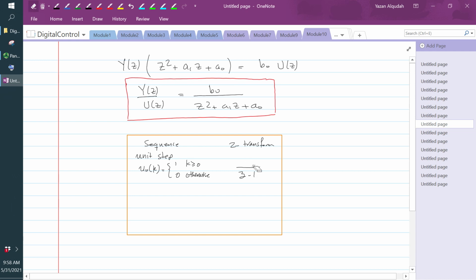Although I should be consistent, sometimes I'm writing the Z with a tail, sometimes I'm not, but both of them are the same. Another common signal is a to the k, and the Z transform is Z divided by Z minus a. Another is k multiplied by a to the k, and this has the Z transform a multiplied by Z divided by (Z minus a) squared.